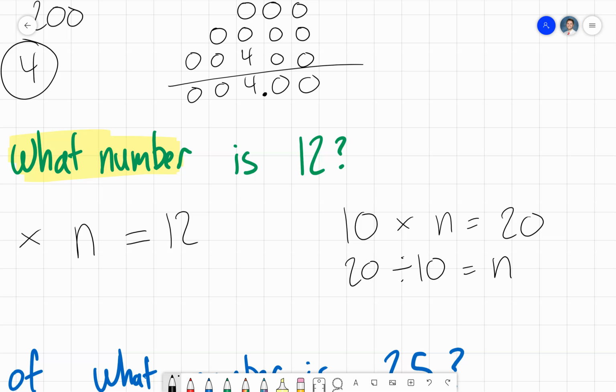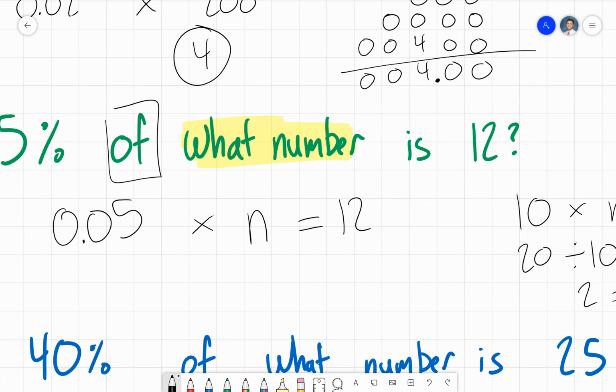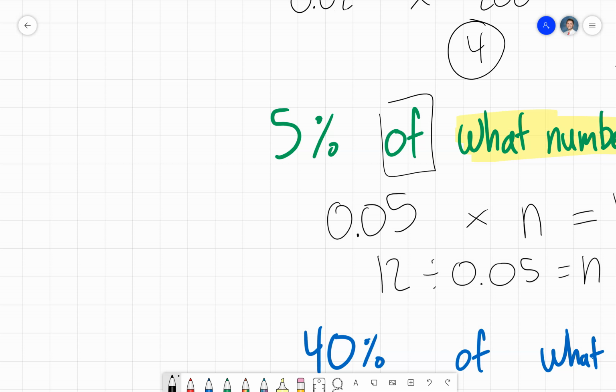And 20 divided by 10 is 2. So that would be the answer. So we can do the same thing here. If 0.05 times n equals 12, then we know 12 divided by 0.05 will equal n. So let's set up that division problem.